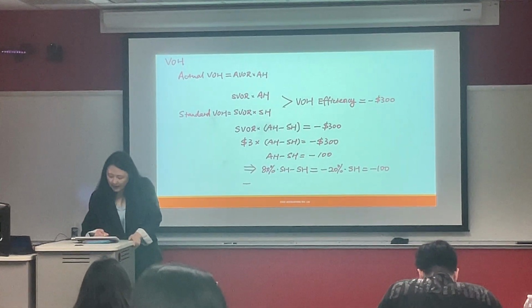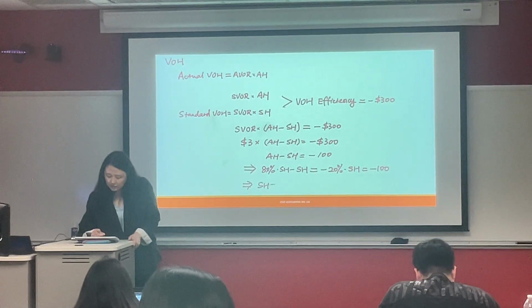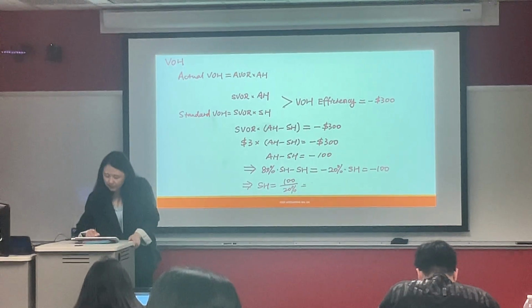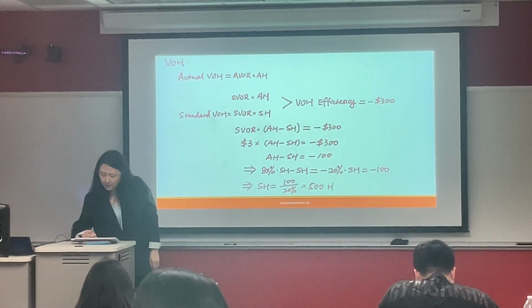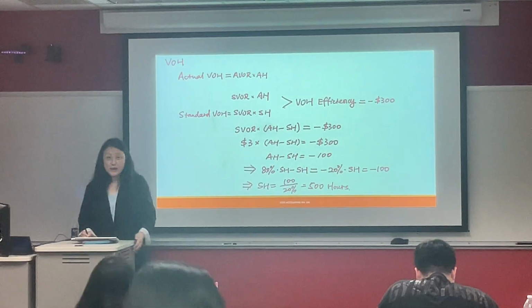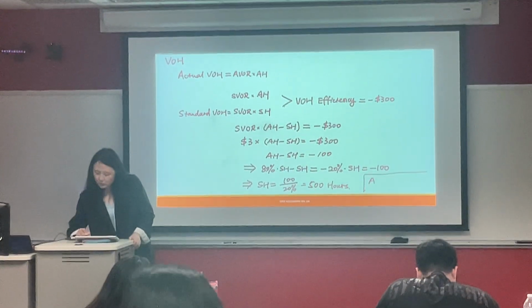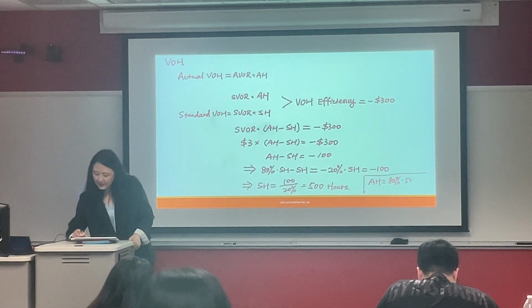Dividing both sides by negative 20%, you get 100 over 20%, so that's how you get 500 hours. Now, given SH is 500, I should be able to calculate AH is 80% of that. So that's 400.